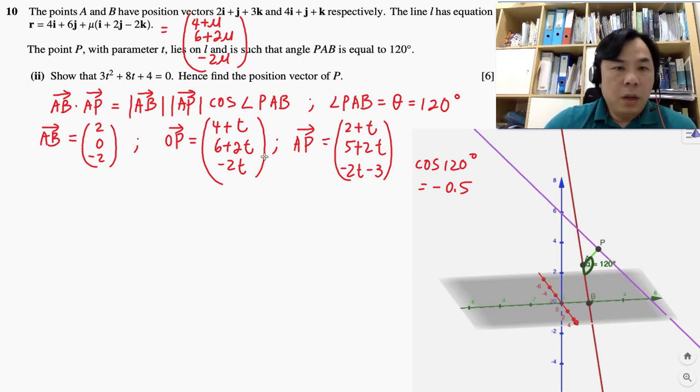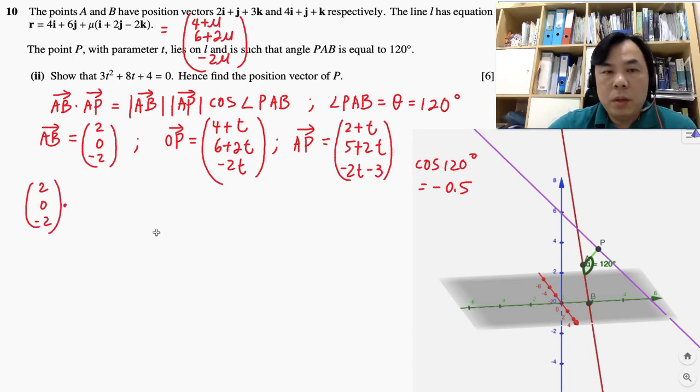Now from here, we are ready to substitute all these values into this equation. This AB here is given by 2, 0, negative 2, scalar product with AP.